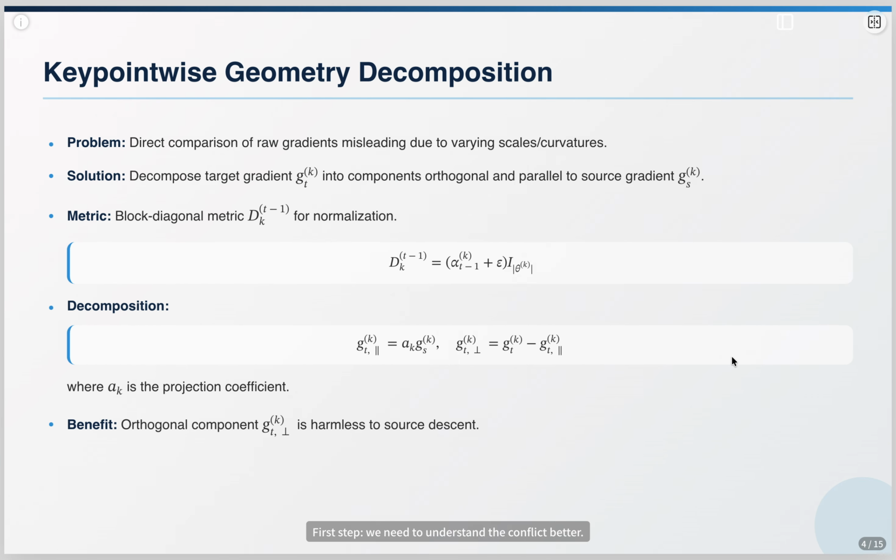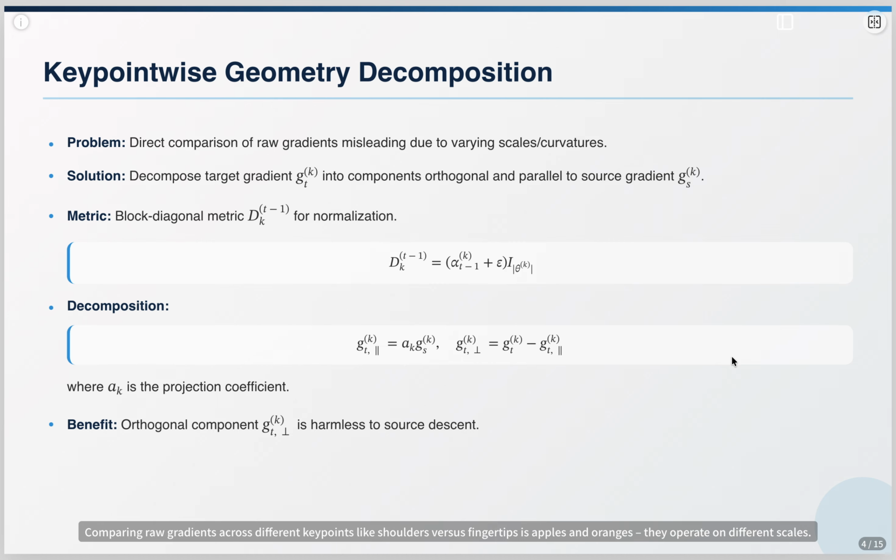First step, we need to understand the conflict better. Comparing raw gradients across different key points, like shoulders versus fingertips, is apples and oranges. They operate on different scales. So, for each key point k, we decompose the target gradient g_t^k into two parts relative to the source gradient g_s^k. We use a block diagonal metric D_k^{t-1} learned from past updates to normalize the geometry.